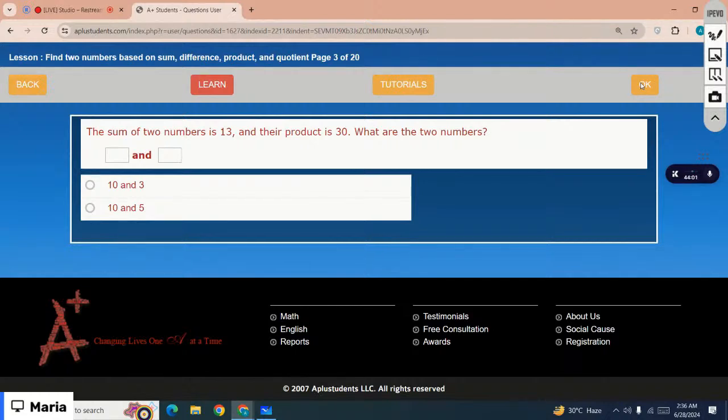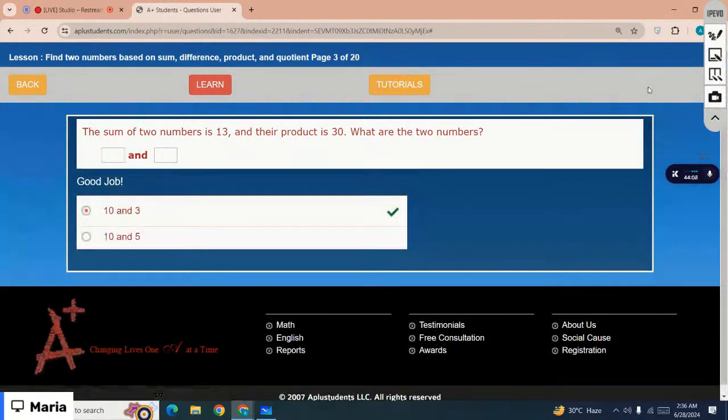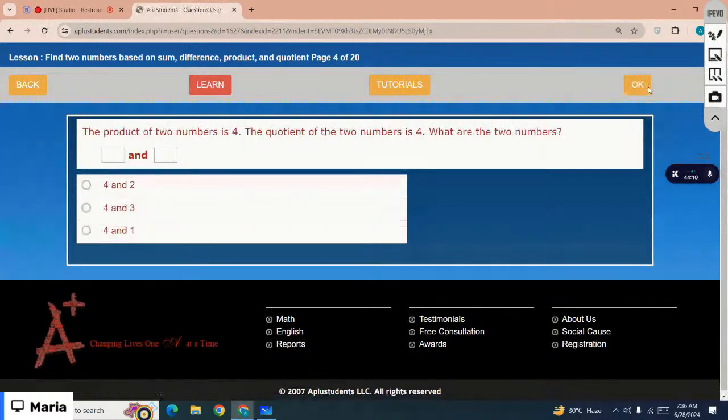Yes, option number 1 is the correct option. 10 and 3, 10 times 3 makes 30. And when added, they make 13. So option number 1 is the correct option.